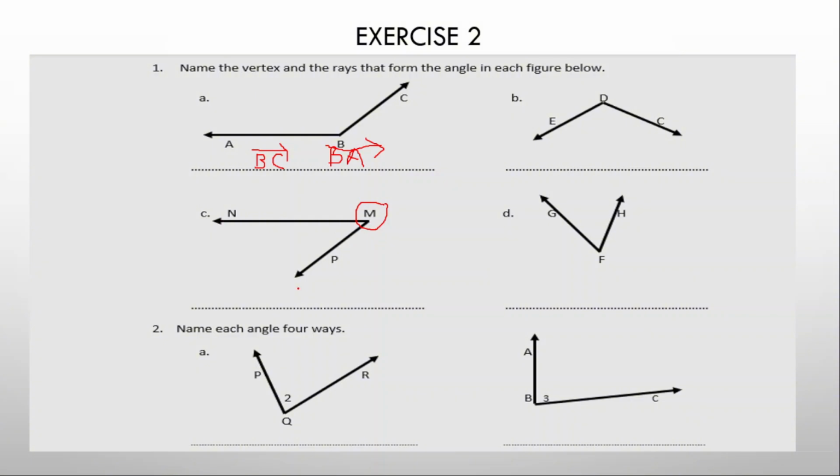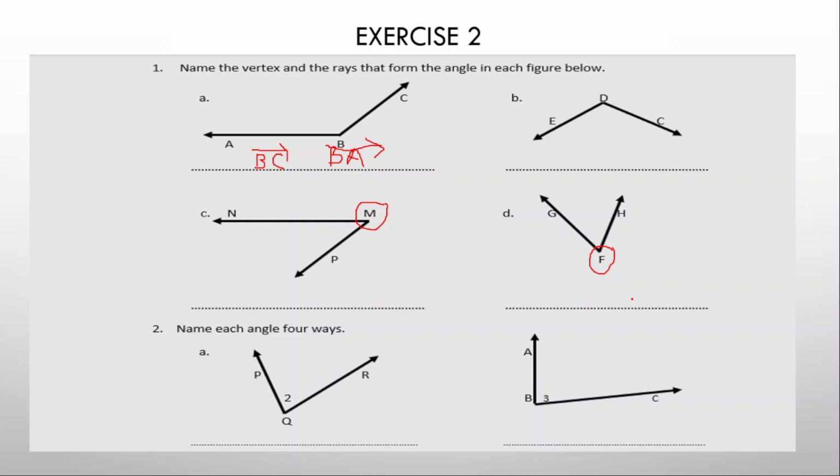So far so good. Continue with the next one, D. What is the vertex? Name the vertex. The vertex is F. Right. The two rays FG and FH.